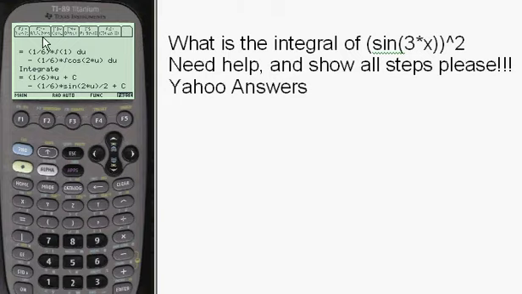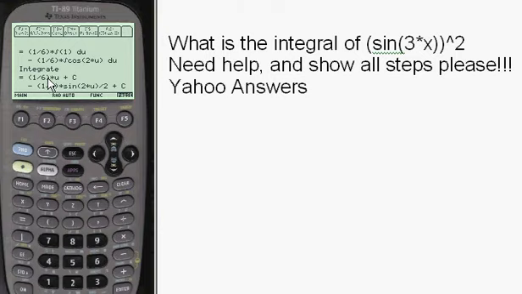We do the calculations of that. We get 1/6 times the integral of 1 du minus 1/6 times the integral of cosine of 2u du, okay? Well, anytime you integrate 1 with respect to u, du, it's going to be u.